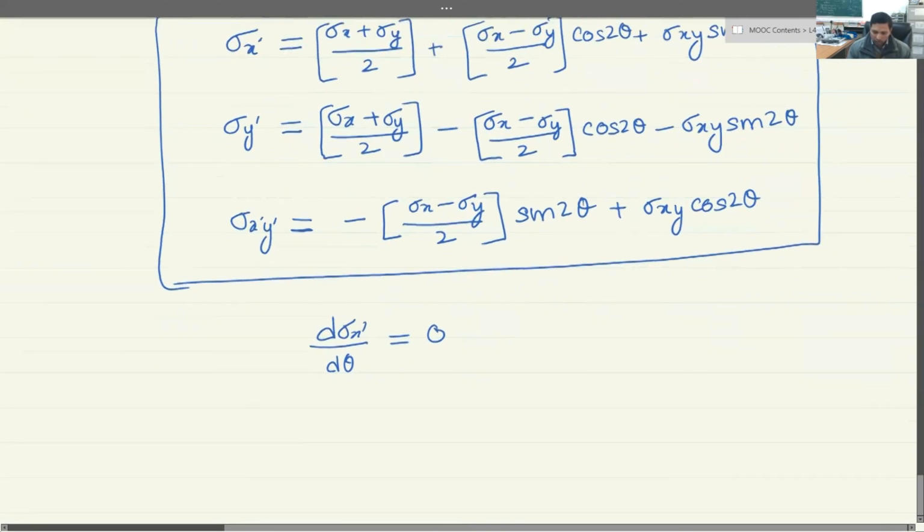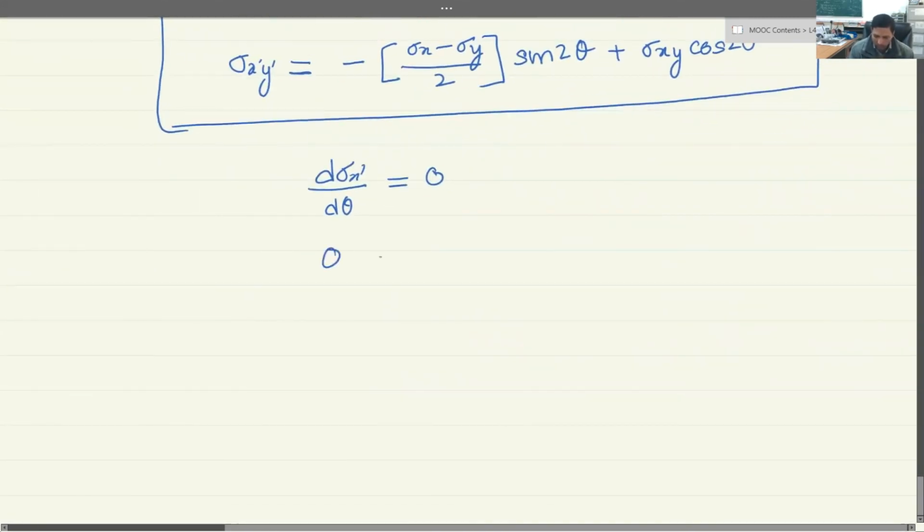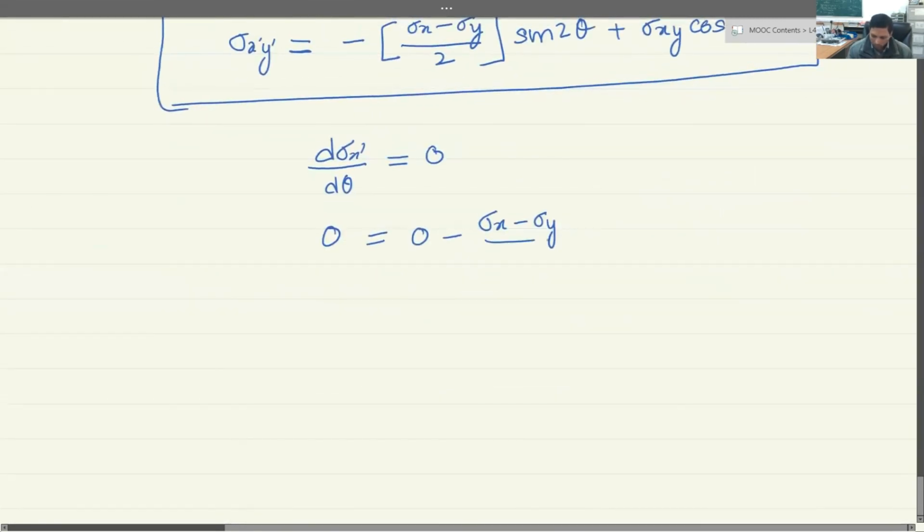So let's differentiate this, and what you would get is 0 equal to 0, and cos 2 theta, when you differentiate, it becomes sigma x minus sigma y by 2, cos 2 theta becomes 2 sin 2 theta. And the second term, which is sigma xy sin 2 theta, that becomes 2 sigma xy cos 2 theta.